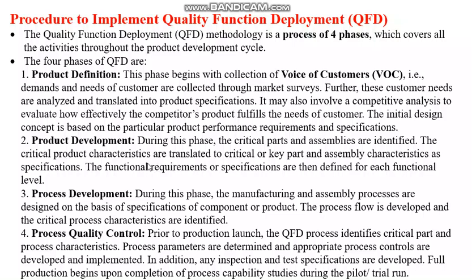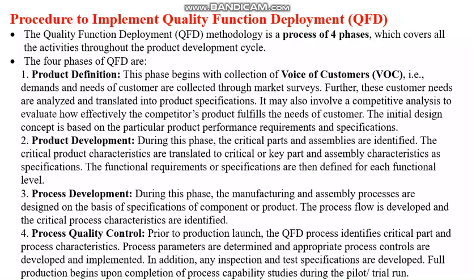These critical product characteristics are translated to critical or key part and assembly characteristics as specifications. The functional requirements or specifications are then defined for each functional level. So in this second phase, the product development, all the key parts and key assemblies are identified and their specifications are defined.